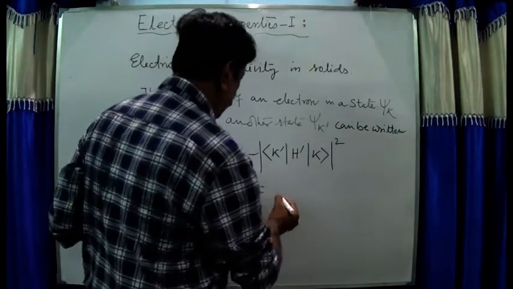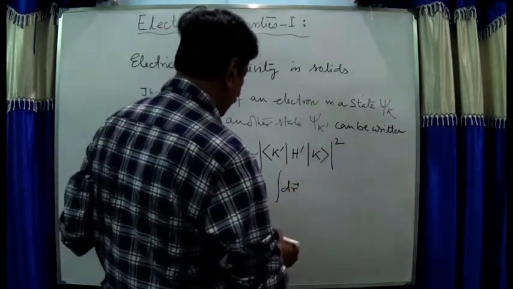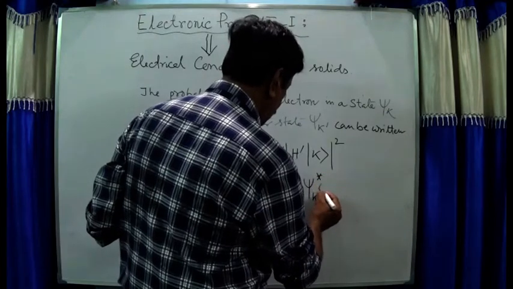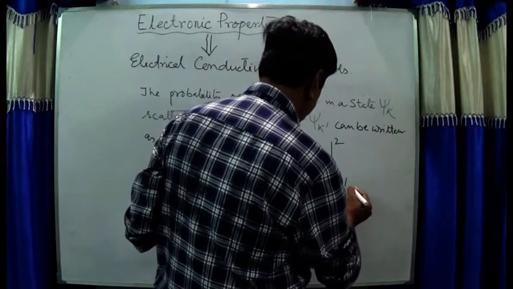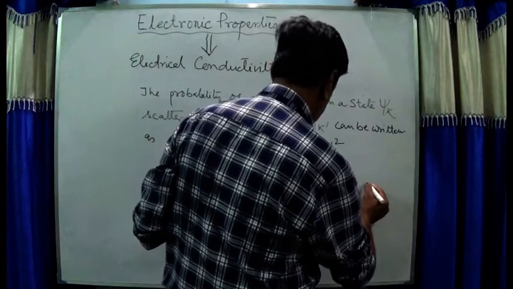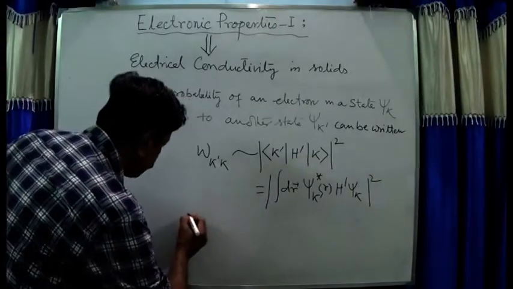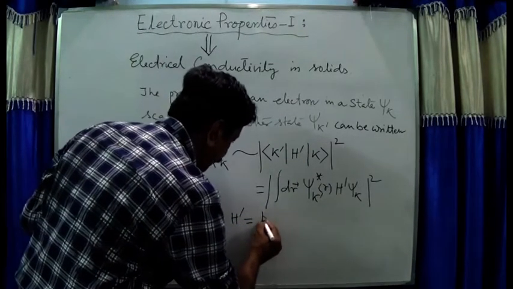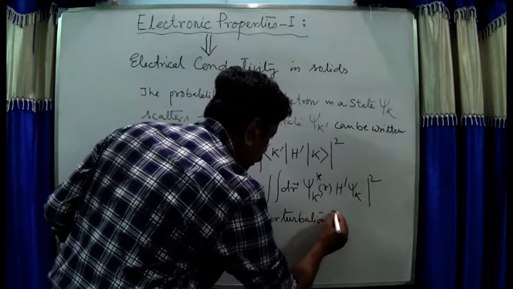Now this can also be written in this way: the integral of psi k prime star H prime psi k, and the square of this integral, where H prime is the perturbation to the Hamiltonian.